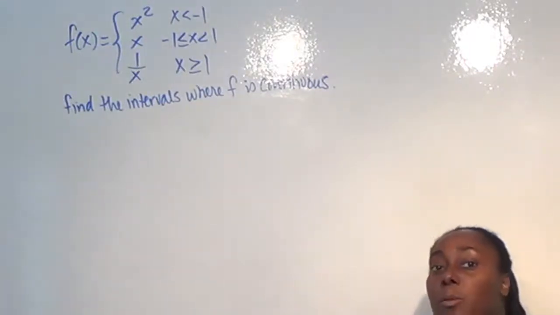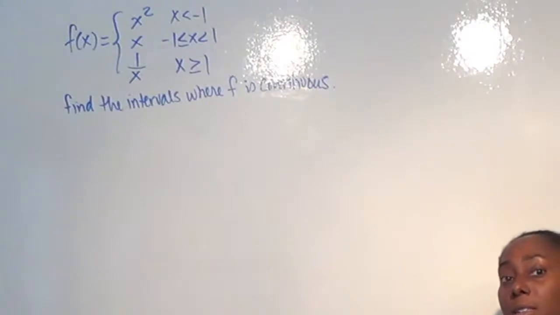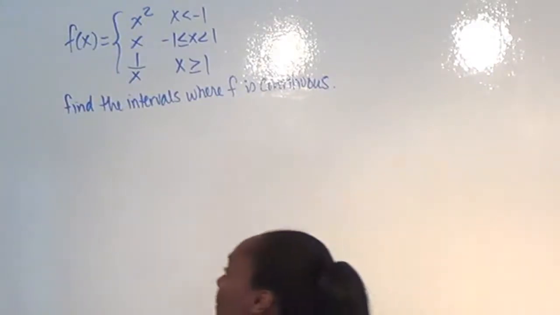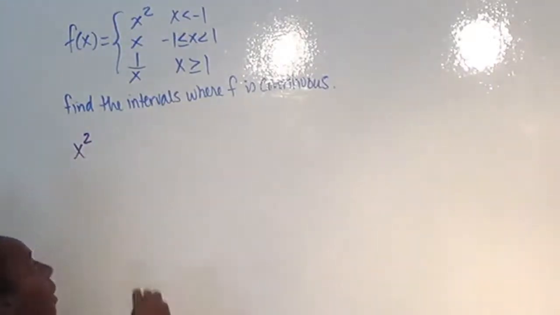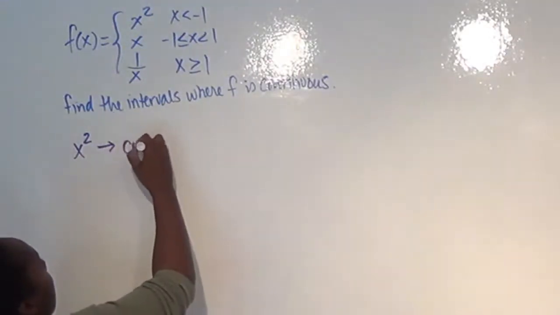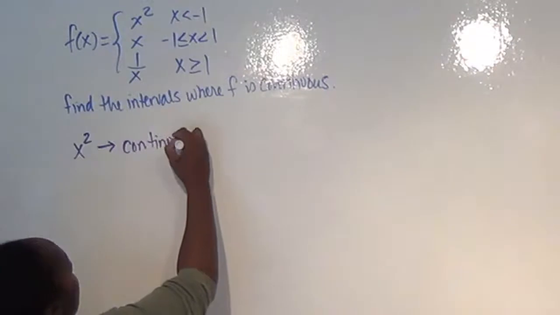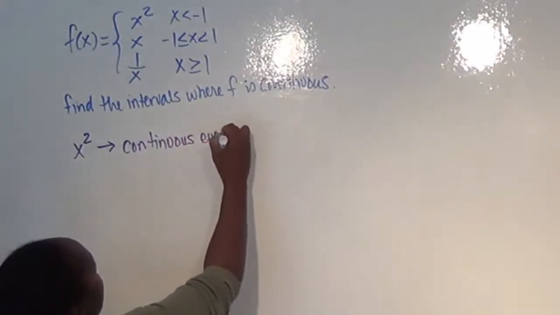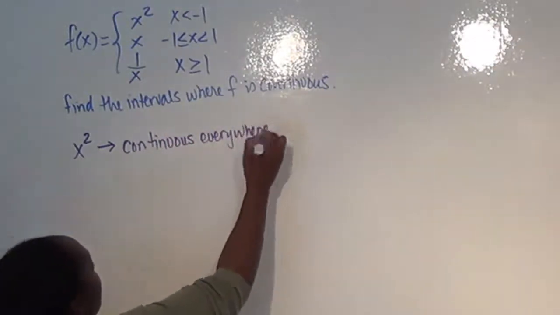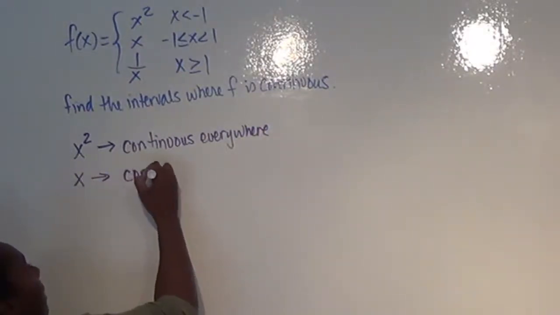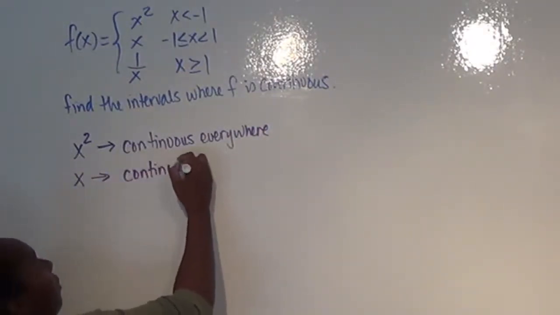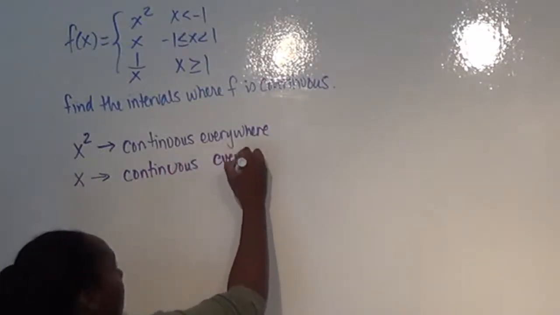And in general, I want to start there and look at any discontinuities. Okay? So if we look at x squared, this one is a polynomial. We know this is going to be continuous everywhere. Same thing with x. If we look at that function, again, basically a polynomial function, so continuous everywhere.